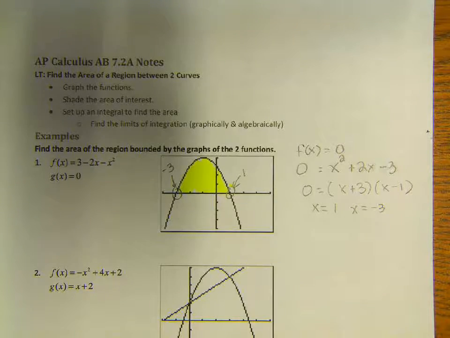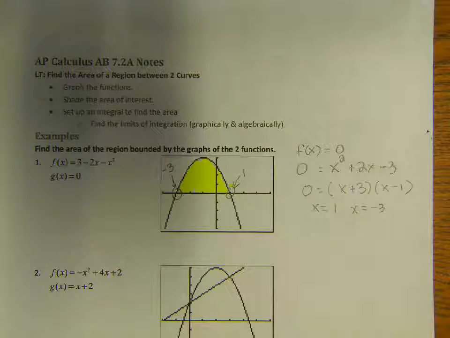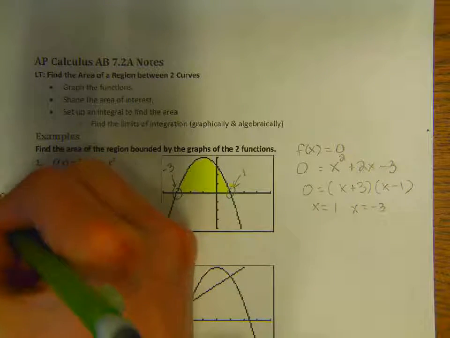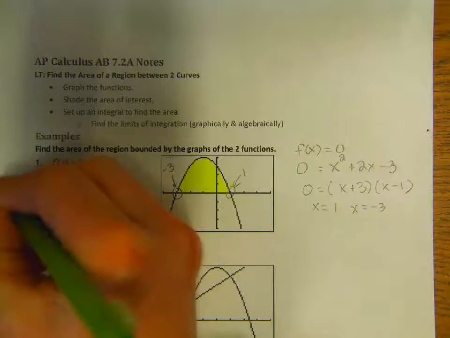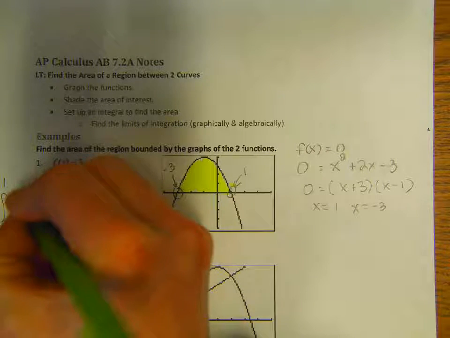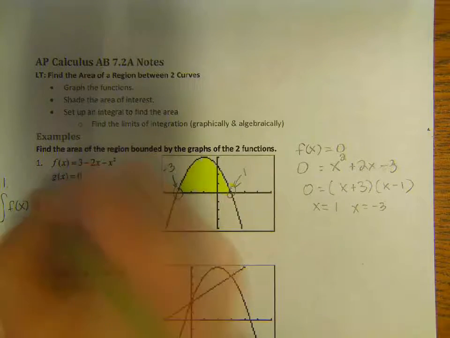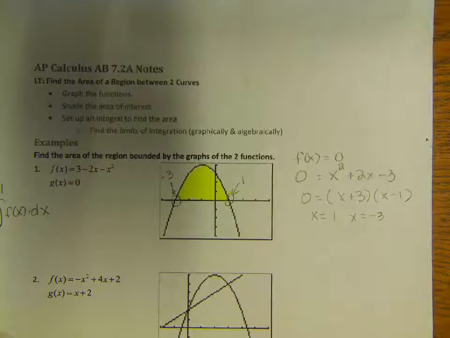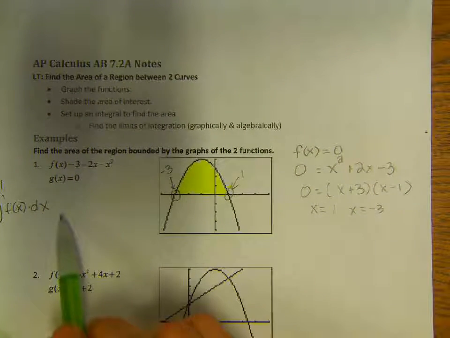The limits are the top and bottom of the integral sign. So I'm going to go from -3 to 1, and I'm just finding the area under the curve, which is f of x dx. If I want to do this algebraically, which I can, I am going to integrate it.